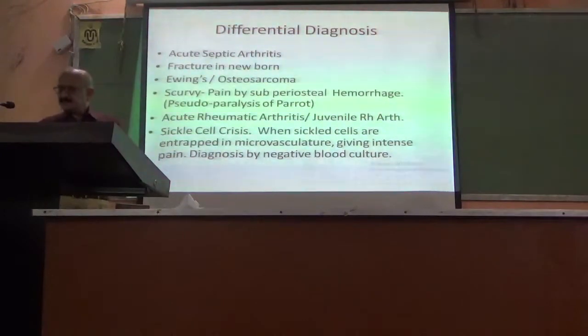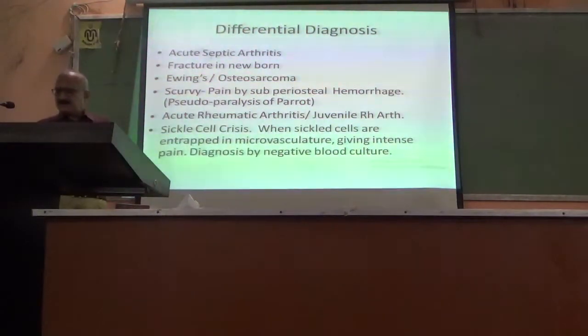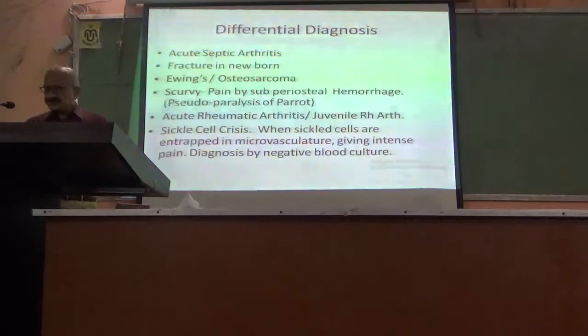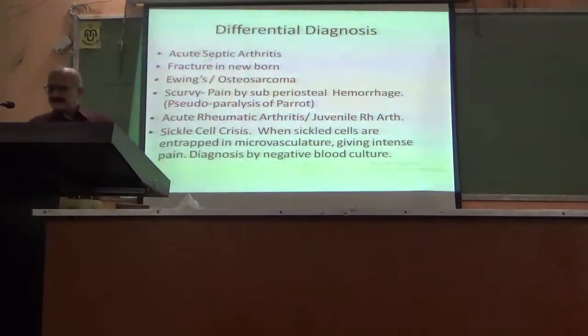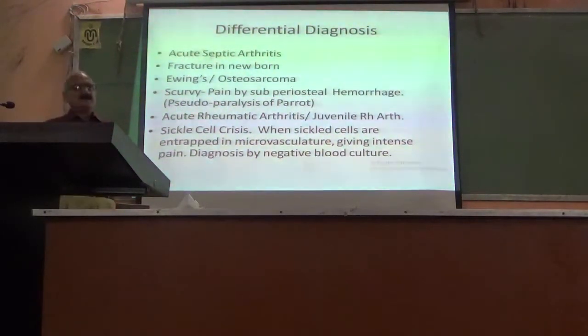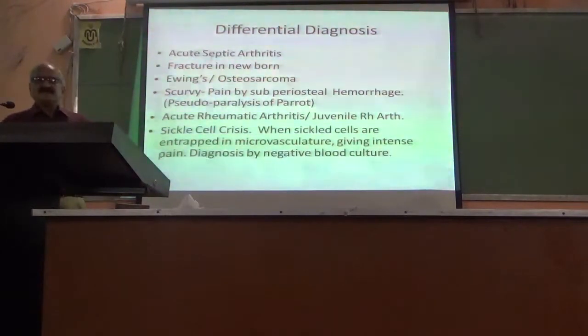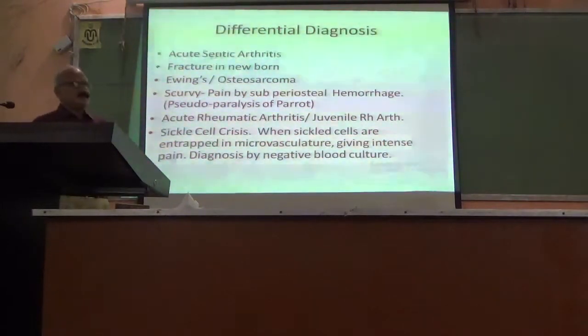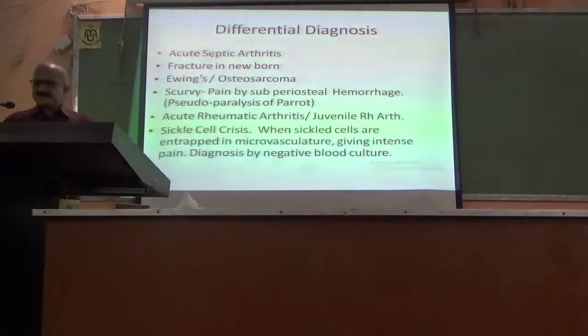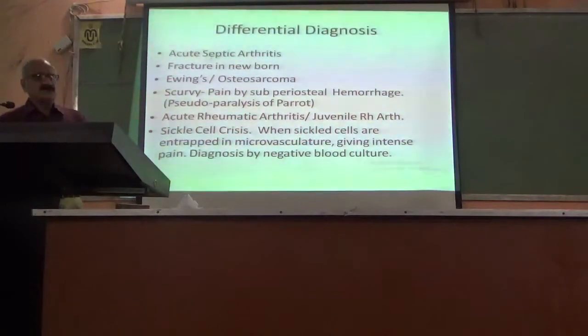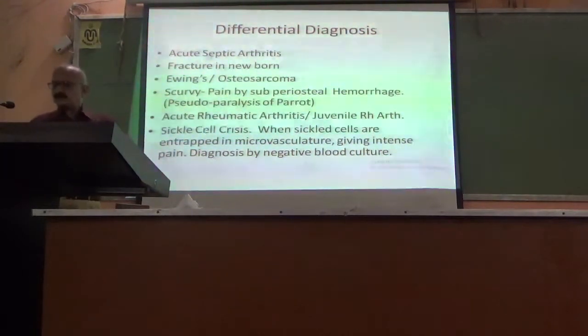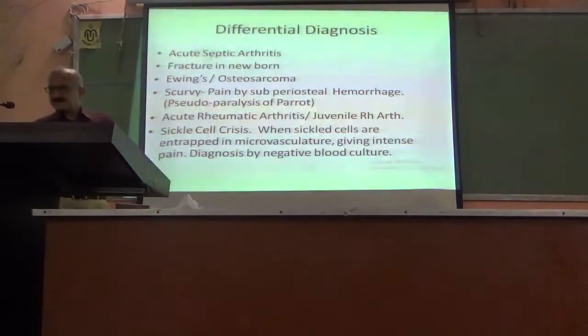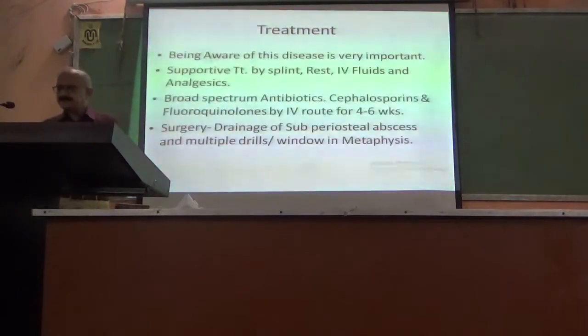Likewise, these sickled cells, when entrapped in microvasculature, give rise to intense pain. But the diagnostic feature is that this will not show a positive blood culture. So this way we can diagnose that this is probably a case of acute osteomyelitis and not one of those conditions mentioned in the differential diagnosis.